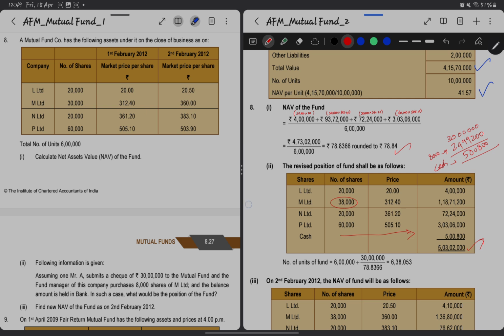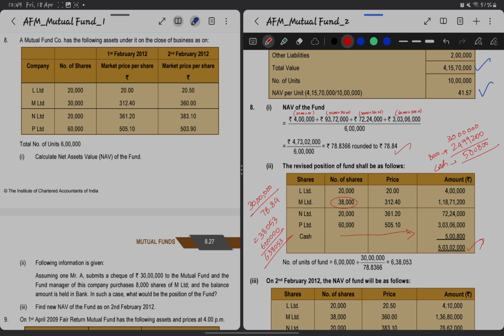So the new amount, 30 lakh invested divided by 78.84, will give us the number of units that got added, which comes to 38,053. Adding the previous 6 lakh units, 6 lakh 38,053 is the current number of units available.